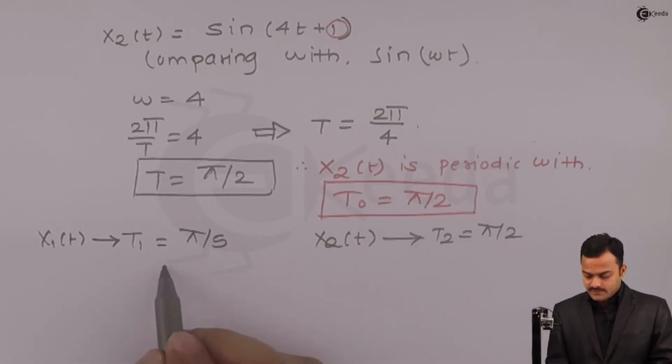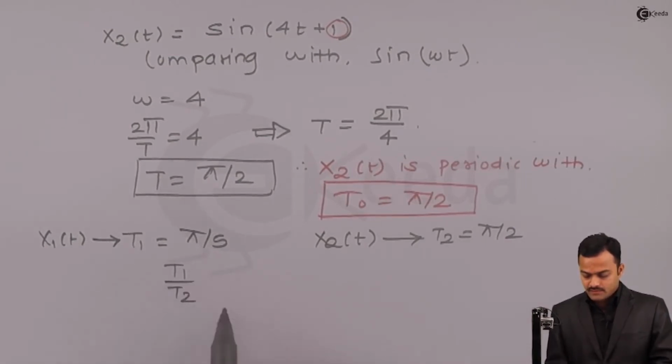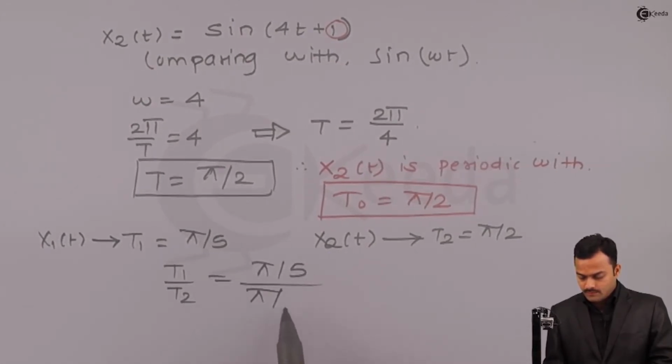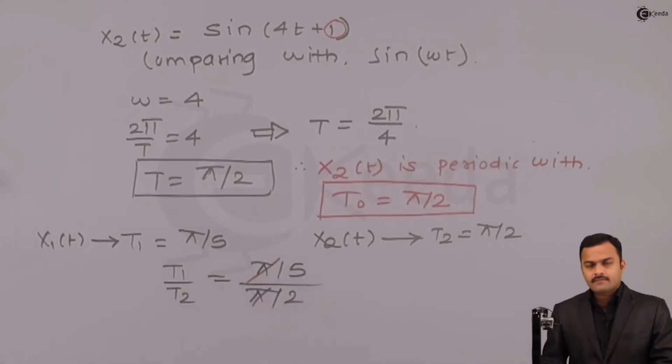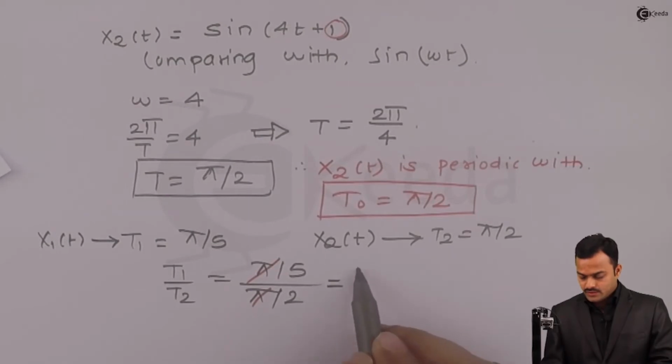For that purpose, we just take the ratio of T1 and T2, which comes out to be pi divided by 5 upon pi divided by 2. Pi gets cancelled, and in the end I will get the ratio as 2 by 5.